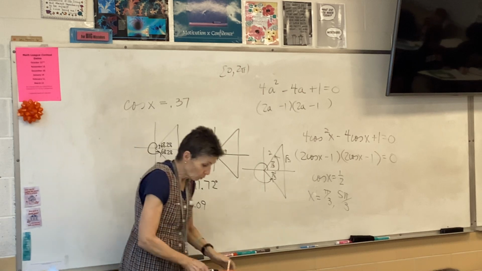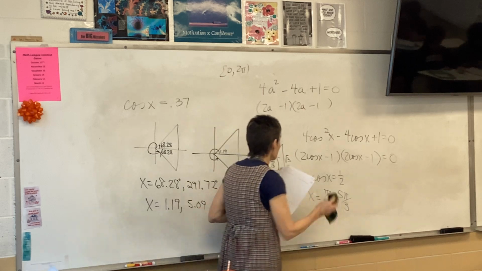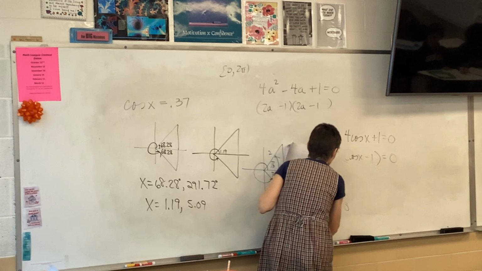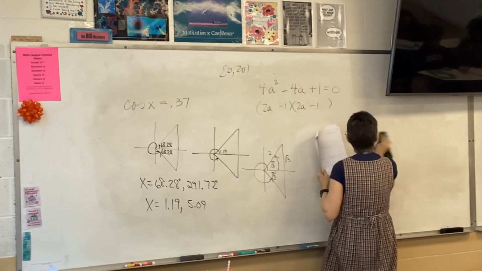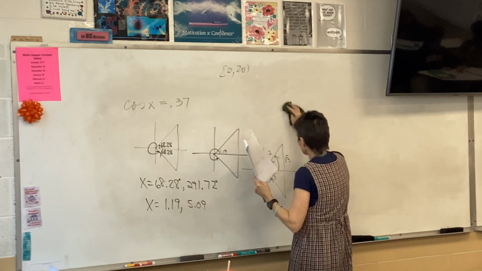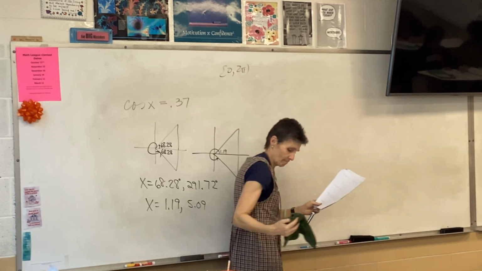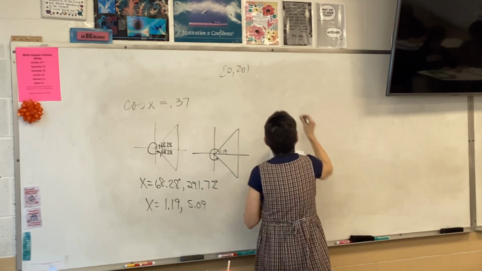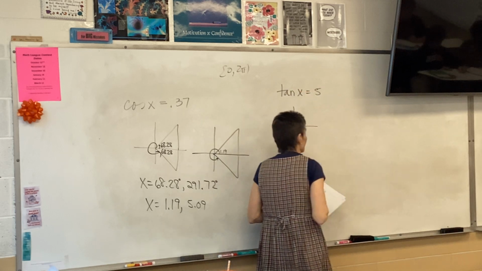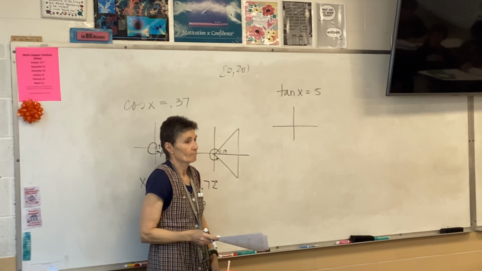Okay? Now, would you try number 6? Do exactly the same thing, except this time, our equation is tangent equals 5. So you're gonna do it in degrees and you're gonna do it in radians. So we're looking for the y, that's positive. It's tangent, so it's positive.